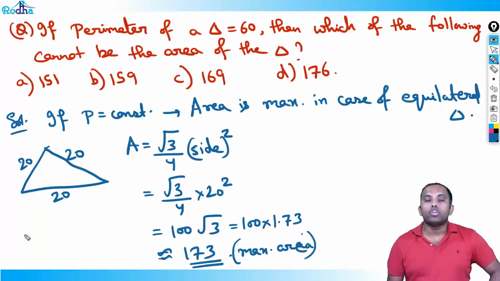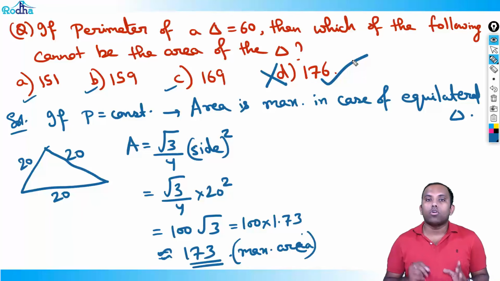So which of the following cannot be the area of the triangle? Obviously, if 173 is maximum, then A, B, C can be the area of the triangle. D cannot be the area of the triangle, right? So the answer for this question is D, because perimeter is constant, so area will be maximum only in case of an equilateral triangle, that is when the perimeter is equally divided into three sides.